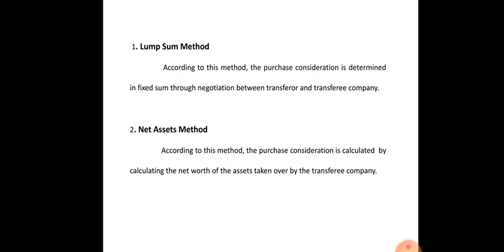In simple language, the net asset method means the agreed value of assets taken over minus the agreed value of the liabilities. So we use assets minus liabilities in the net asset method for the calculation of the purchase consideration.